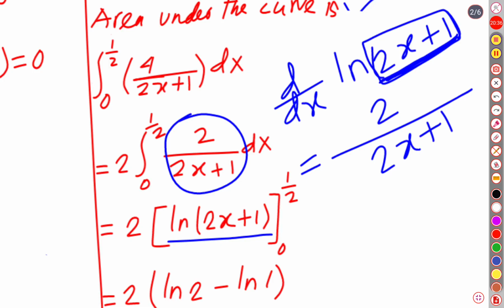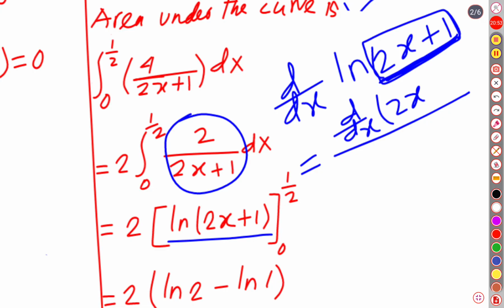So through elaboration I can write it using the formula: d over dx of ln of the function is the derivative of the function over the function.